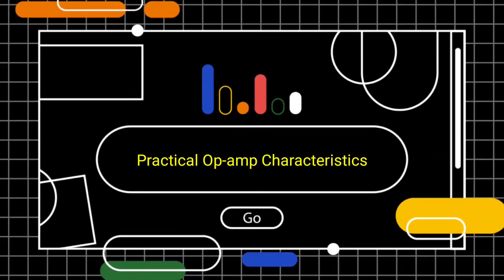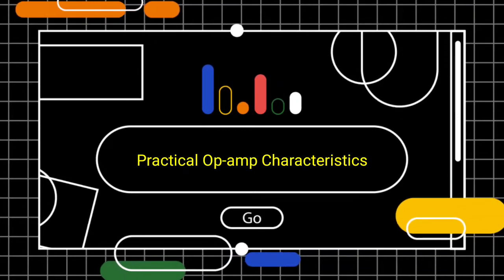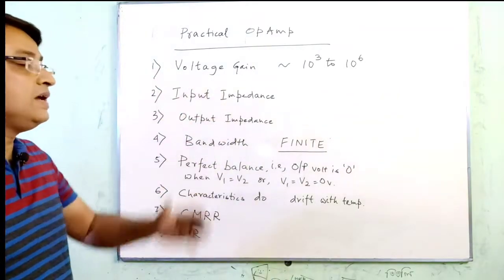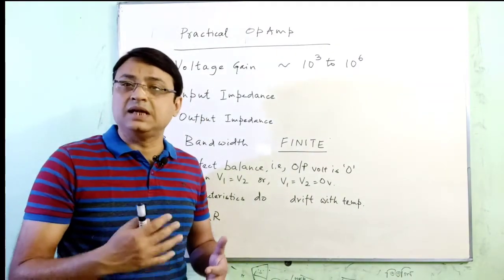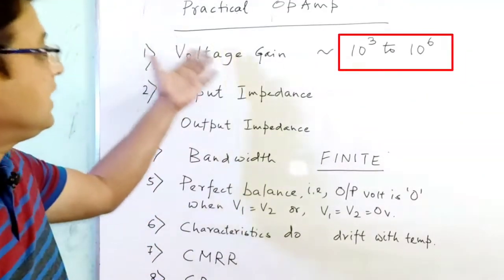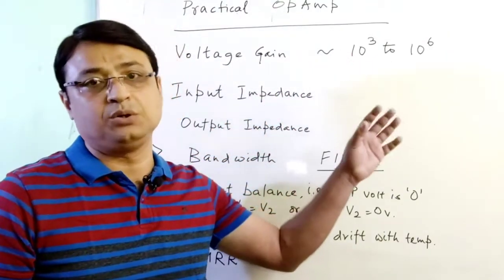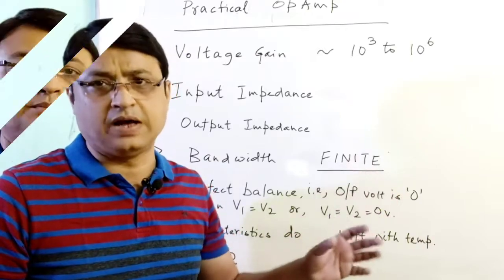Now in this second part of the video, I will discuss characteristics of a practical op-amp. Let's start. The voltage gain for an ideal op-amp is infinite, but for a practical op-amp, it is about 10 to the power 3 to 10 to the power 6, quite a large value.